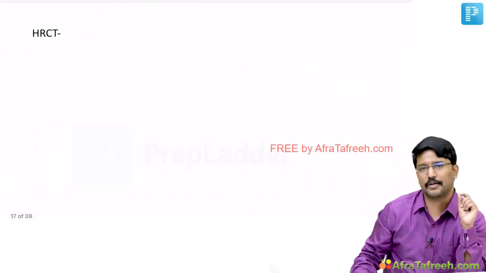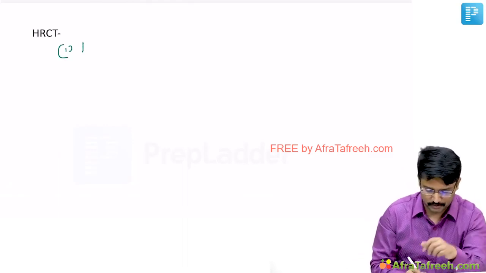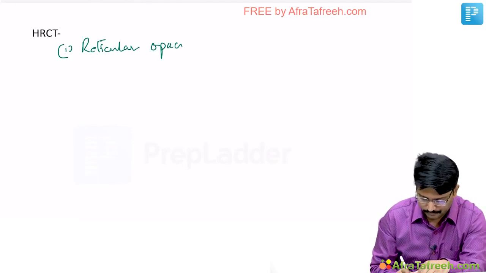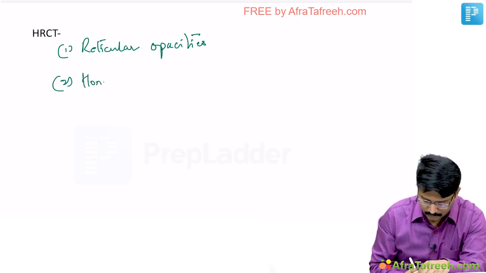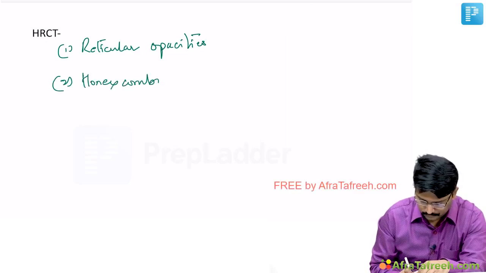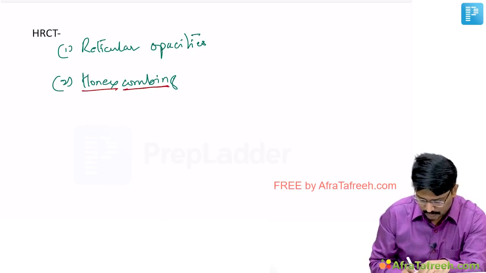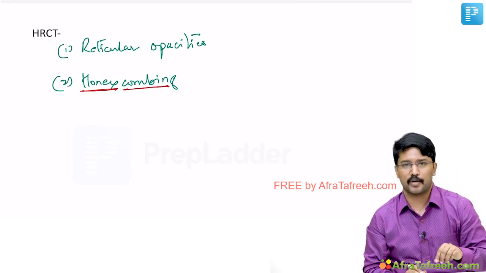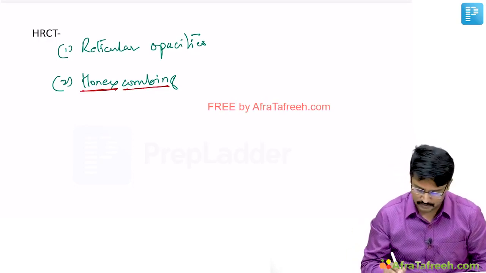What do we see radiologically? Radiologically, one, we see reticular shadows or reticular opacities. We can see honeycombing. I keep repeating this honeycombing because this is one thing which helps us diagnose IPF with reasonable confidence when we are considering other differential diagnoses.